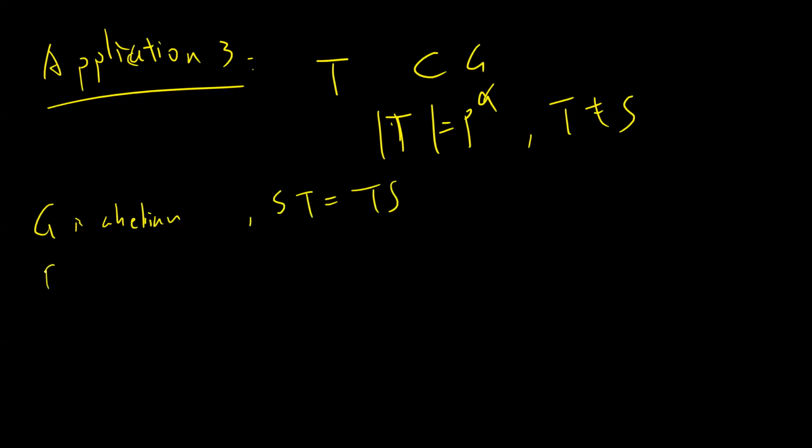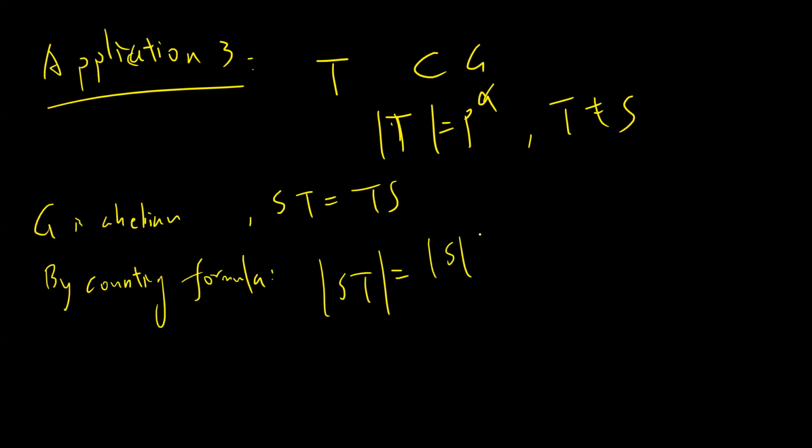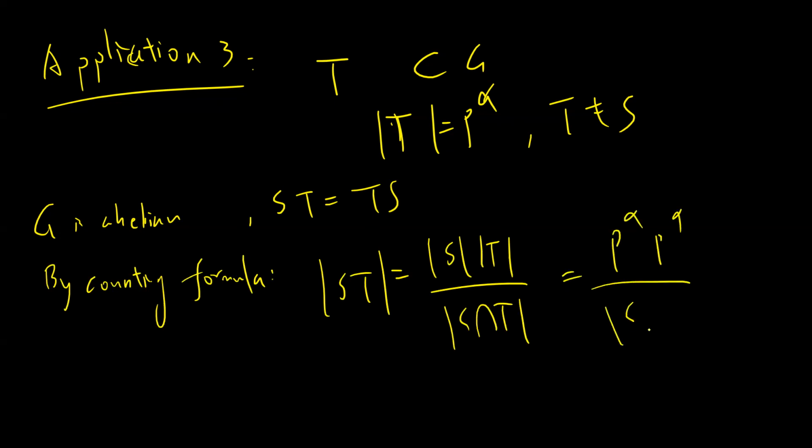By the counting formula that we have already proved in the previous video, the order of ST is the order of S times the order of T divided by the order of S intersection T, which is P to the alpha times P to the alpha over the order of S intersection T. S intersection T must be a subgroup, so it must be P to something.